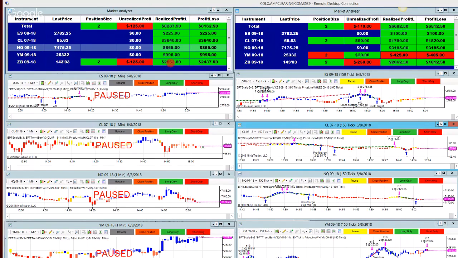Nasdaq was very good. YM was very good, only on the 1 minute, but on the 150 ticks, the YM was struggling in the last couple hours, in conjunction with the ES. So on the 150 ticks, the YM and the ES did struggle in the last couple hours, and gave up all the profits.